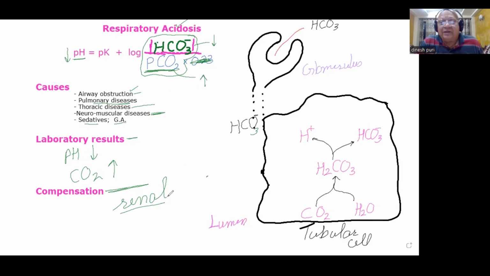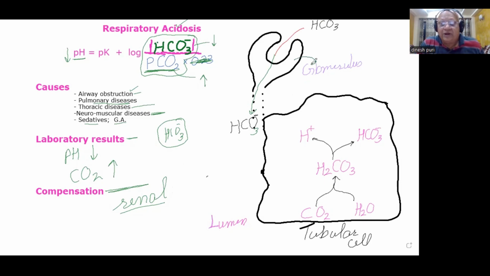So what is the purpose now? The purpose of compensation is to elevate the bicarbonate concentration, and kidneys play an important role here. Kidneys ensure that any bicarbonate which is filtered at the glomerular level is effectively reabsorbed. This is a diagrammatic representation.